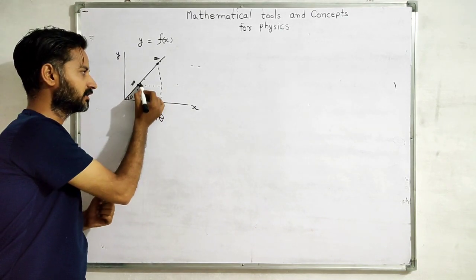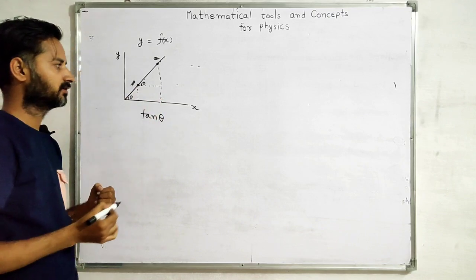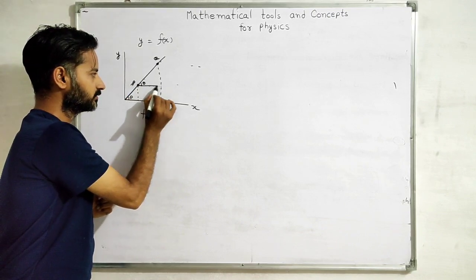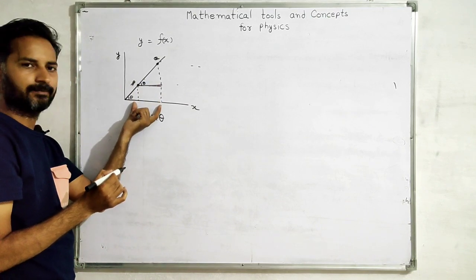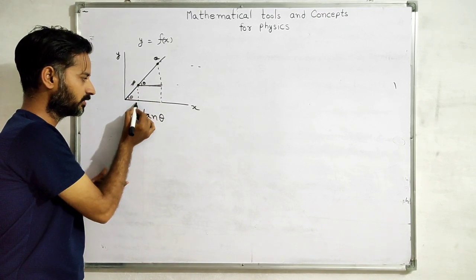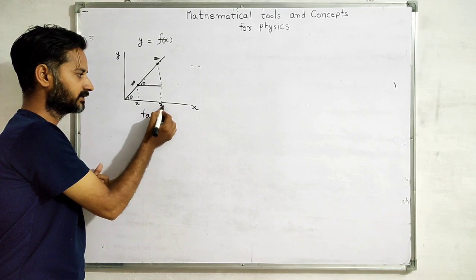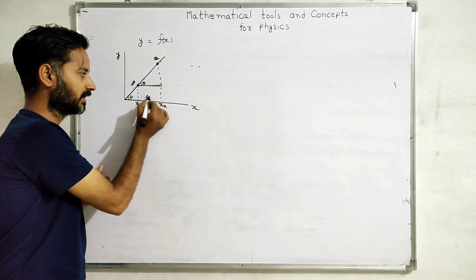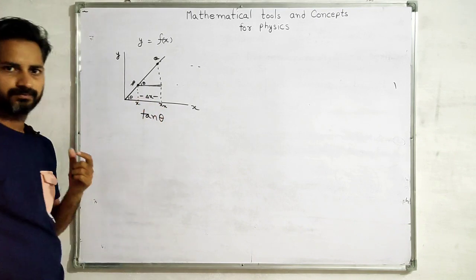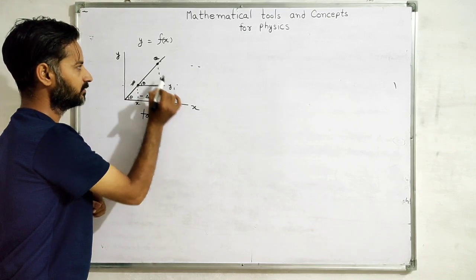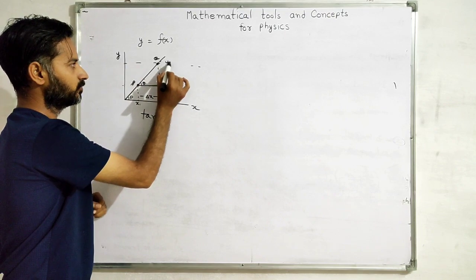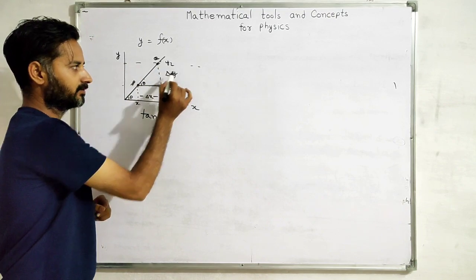Here this is theta, so this will also be theta, and now this gap: let the coordinates here be x1 and x2, then this will be delta x, and here the coordinates are y1 and y2, so this will be delta y.